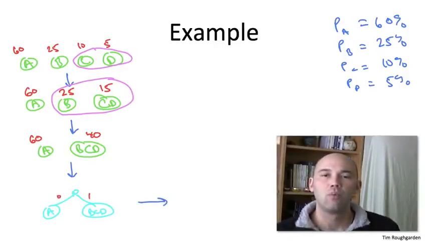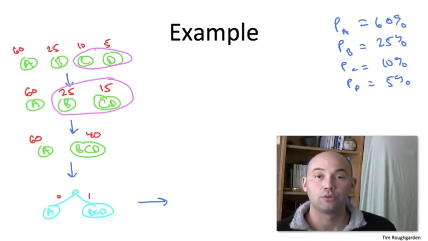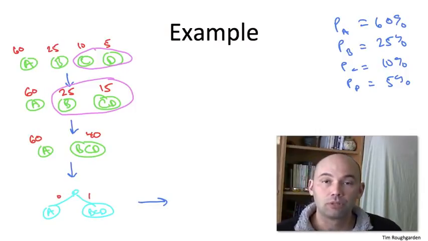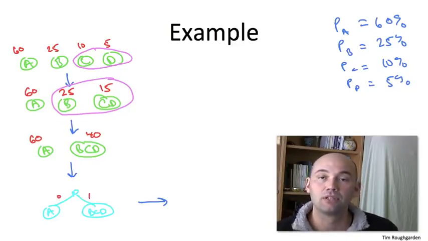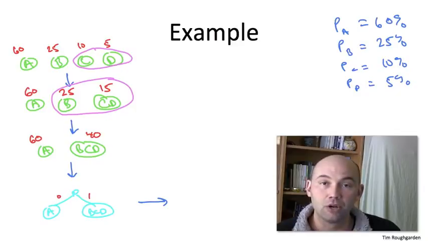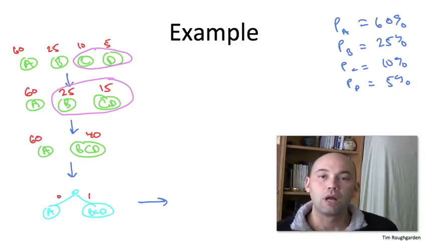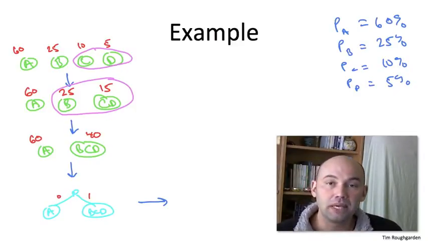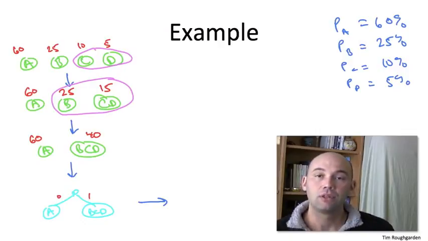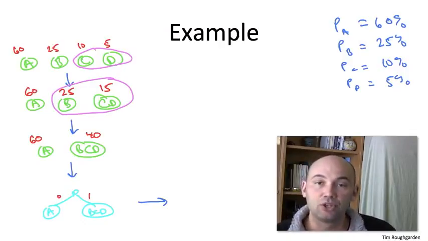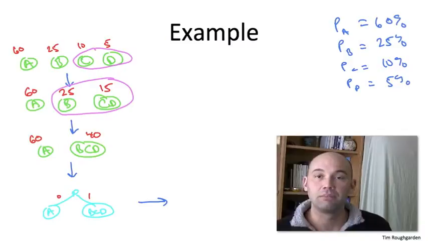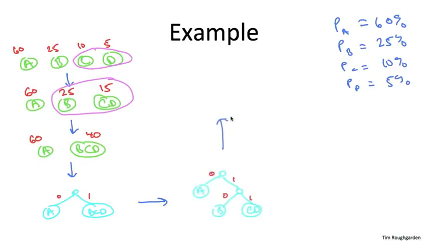And now as the recursion unwinds, we in effect undo the mergers. For each merge, we do a corresponding split of the meta node, and we replace that with an internal node and then two children corresponding to the symbols that were merged to make that meta node. So for example, when we want to undo the merge of the B and the CD, we take the node labeled BCD and we split it into two, the left child being B, the right child being CD.